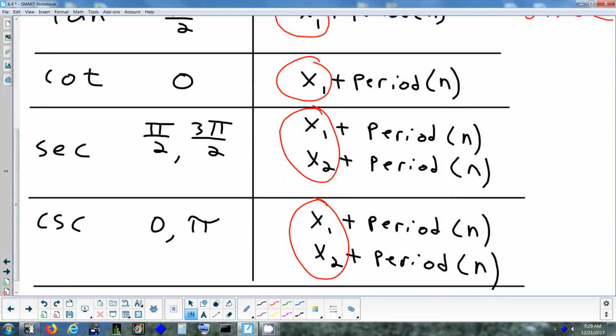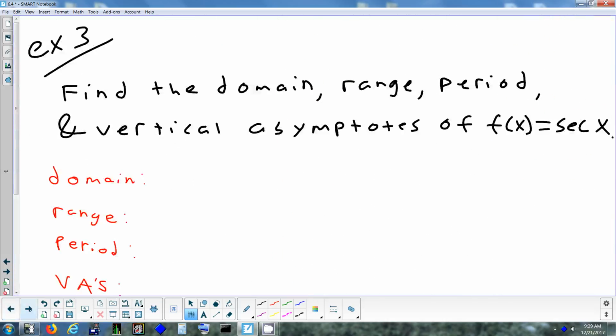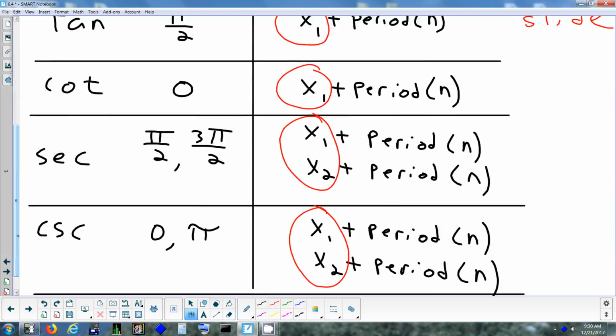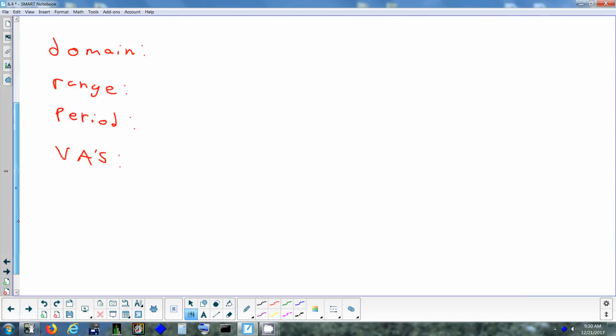Pi over 2 and 3 pi over 2. Now, it says to set each one of those equal to the argument and solve, but look at the argument. There's nothing happening. It's just the basic one. So the asymptotes aren't shifting at all. So asymptotes here are just what you see in the original. Pi over 2 and 3 pi over 2.